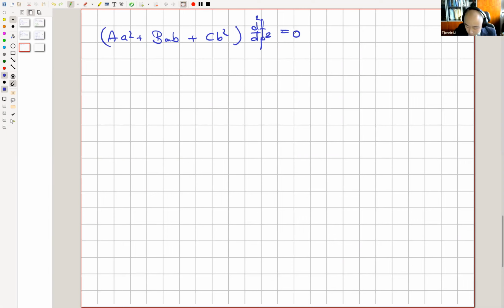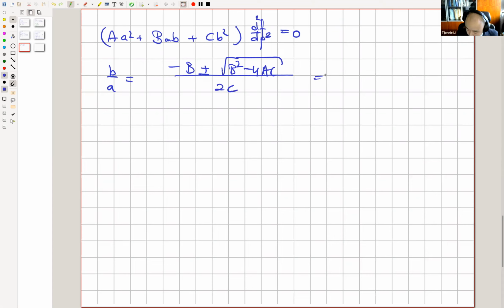Now we're nearly there. So the solution for a and b, which simply states that a over b is just minus B plus or minus the square root of B squared minus 4AC, divided by 2C.